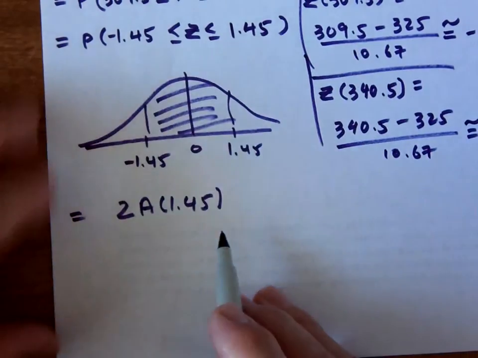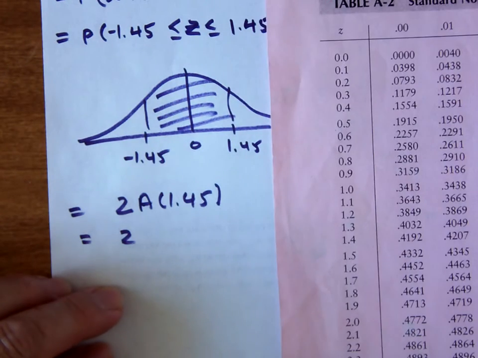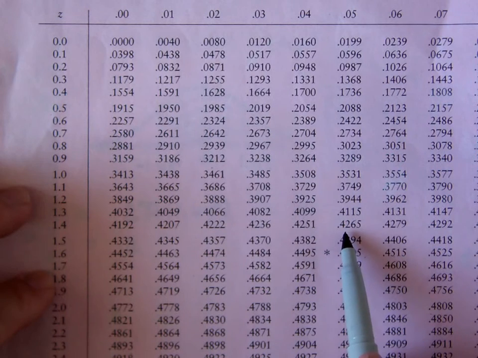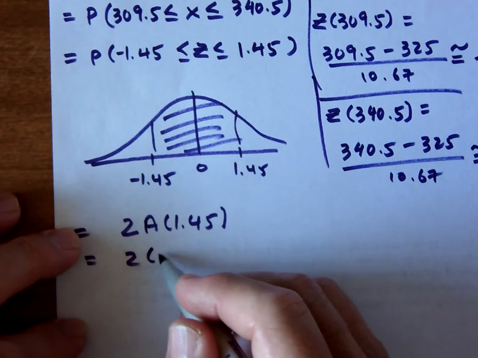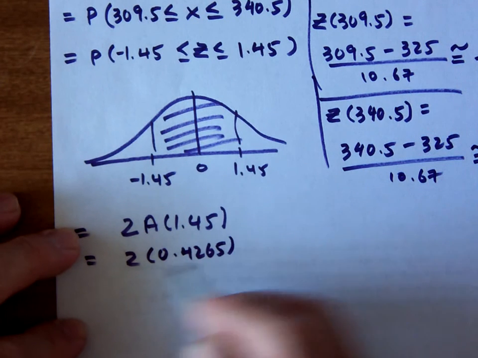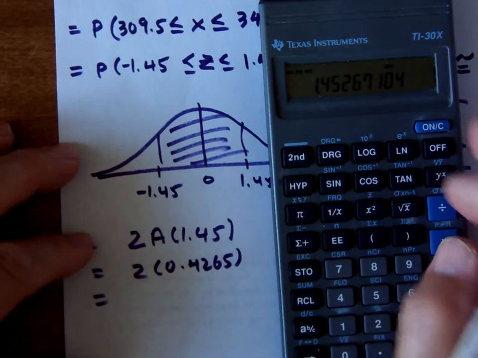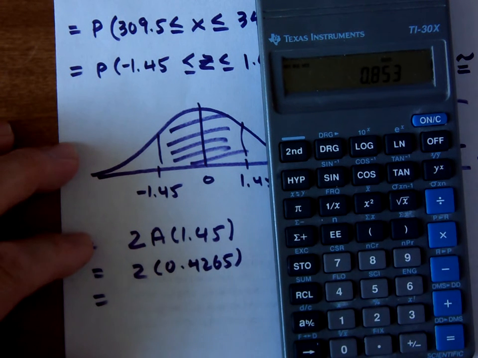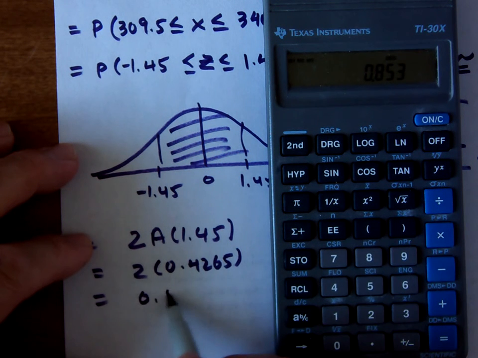So we go to our chart for 1.45: 1.4 cross 5 is 0.4265. So 2 times 0.4265 equals, I'm getting the probability of 0.853.